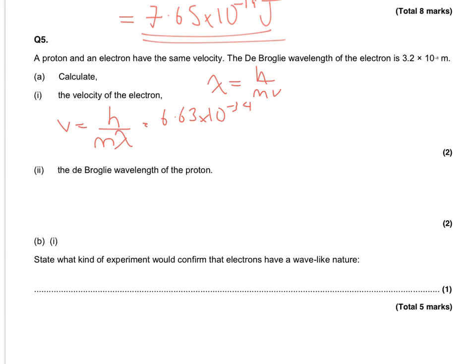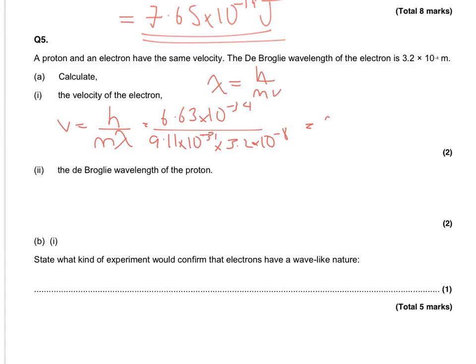We've got the electron, so the mass of the electron is in your formula sheet, times 10 to the minus 31. And then the wavelength is 3.2 times 10 to the minus 8. And we'll type those in.